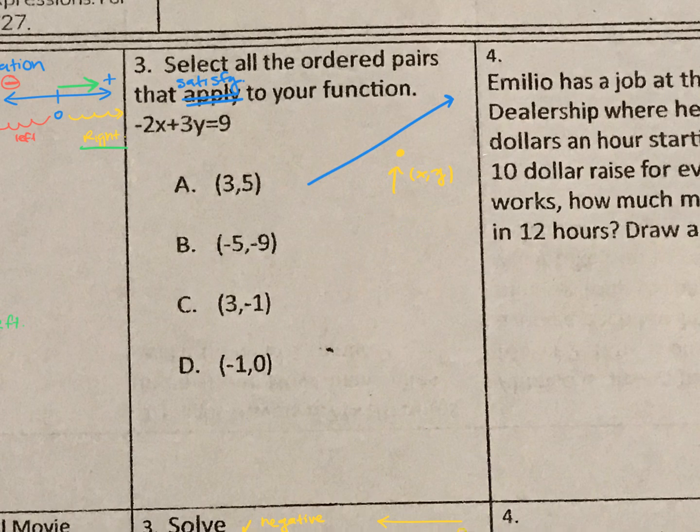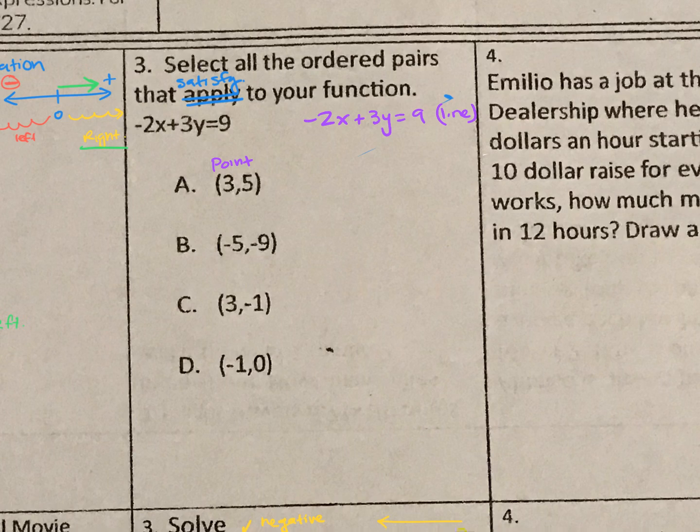So it's easy to see in a picture, right? All right, but using algebra, we want to use algebra to see if it satisfies. So here's a point. And negative 2x plus 3y equals 9. That's the line. This is called a line, right? It's just written in standard form.